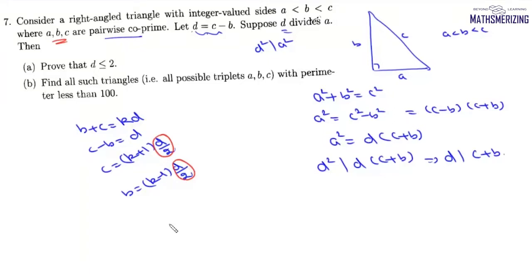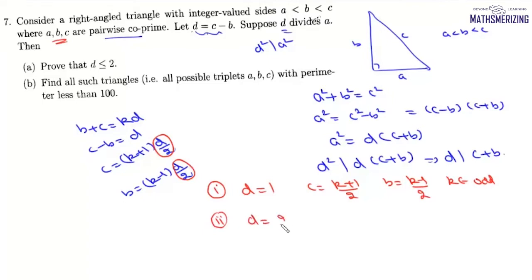So there can be two cases. Case 1, either the value of d is 1 and the value of c will be k plus 1 by 2 and the value of b will be k minus 1 by 2, where k must be an odd number. Or the second case, when this d by 2 itself is 1, that is when the value of d is 2.